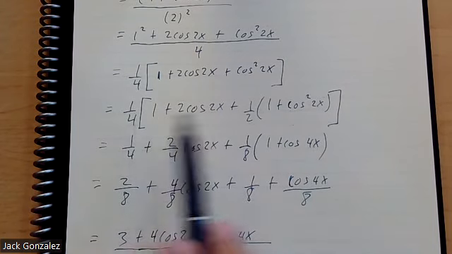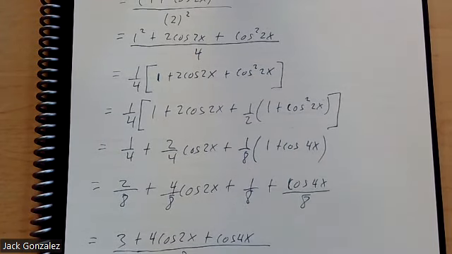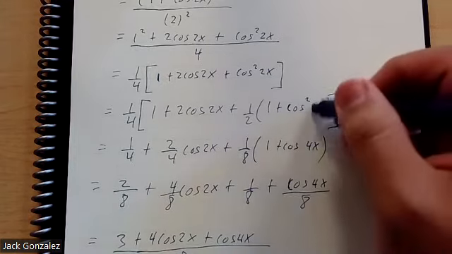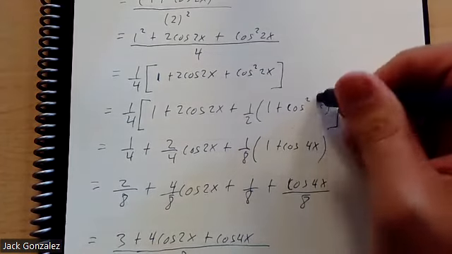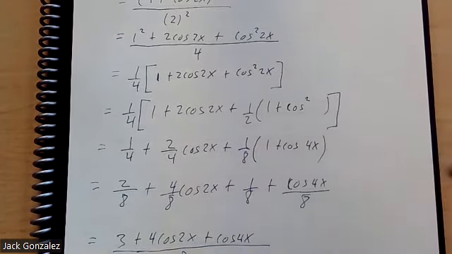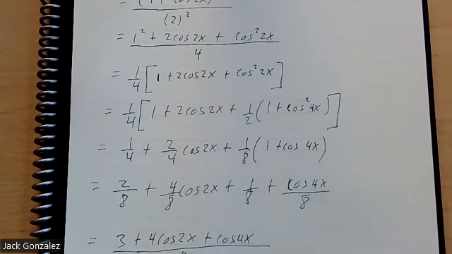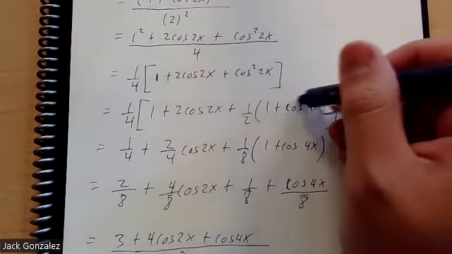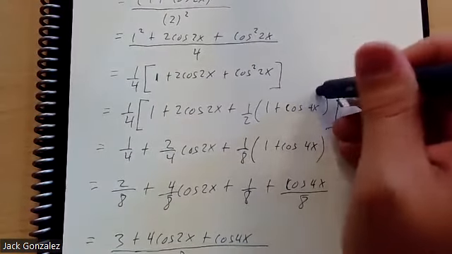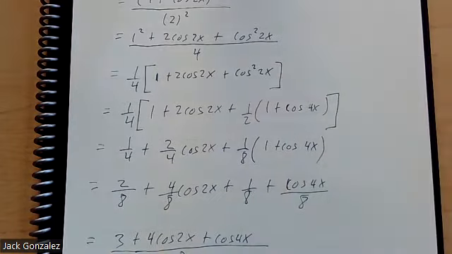But then the 4 times a half is an 8. That should be 4, right? Yeah, there we go. Sorry about that.